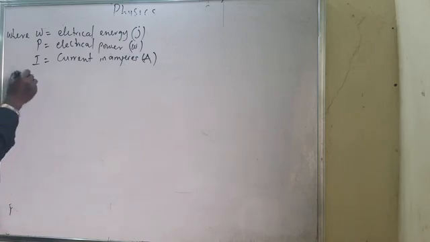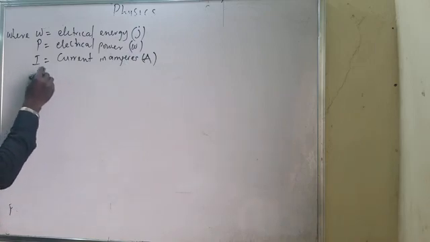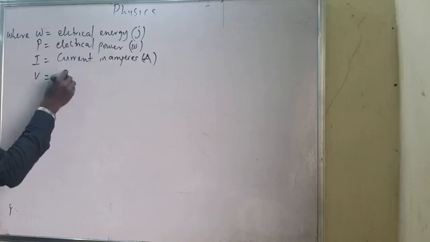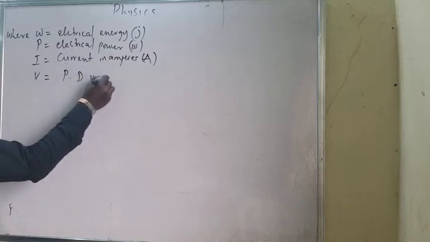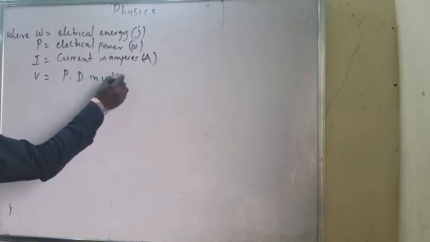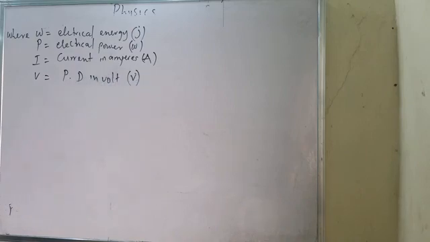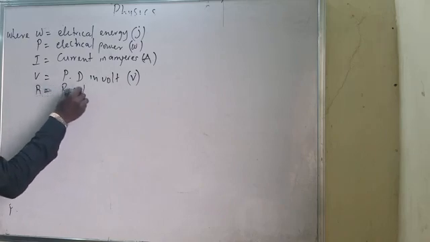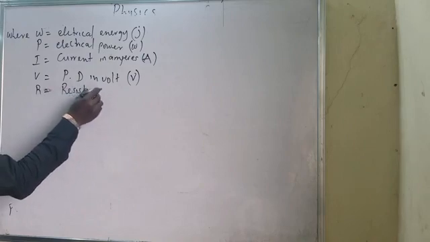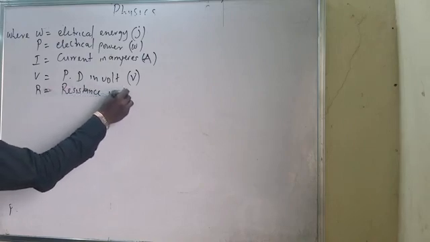What else is there? We have V, which is called potential difference, PD, in volts, which is V. We have R, which is called resistance, in ohms.